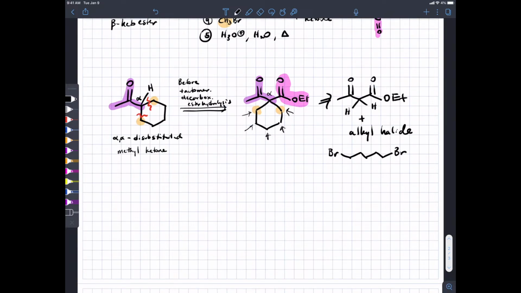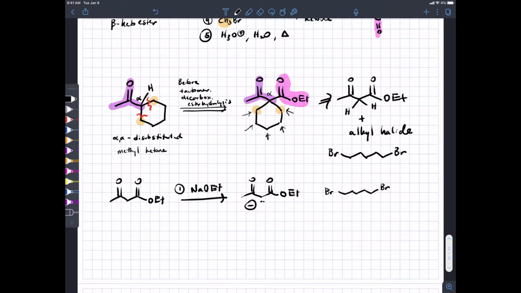To do that, we would first take this beta-keto ester, we would add the base to make 100% of our enolate. Then we would bring in this alkyl halide, and we would do the first SN2 reaction.